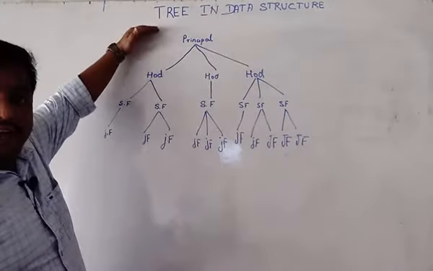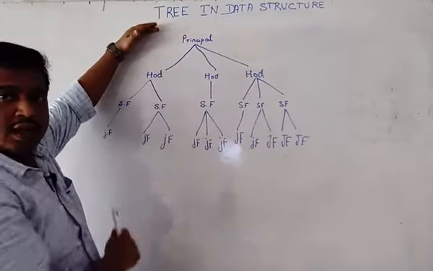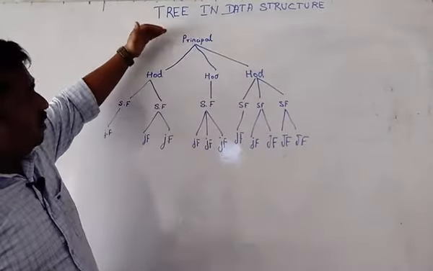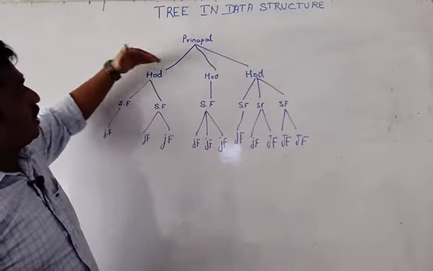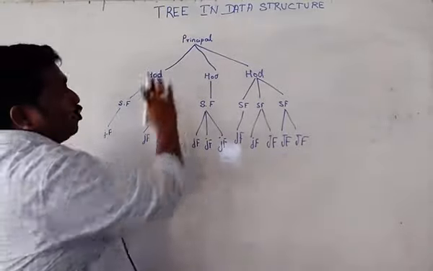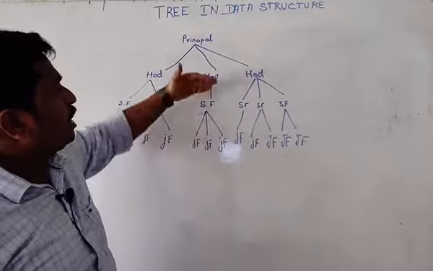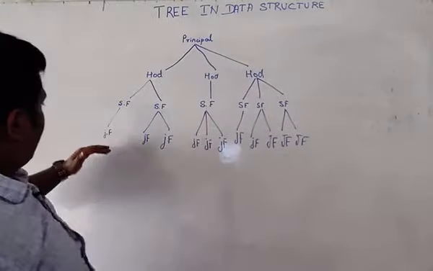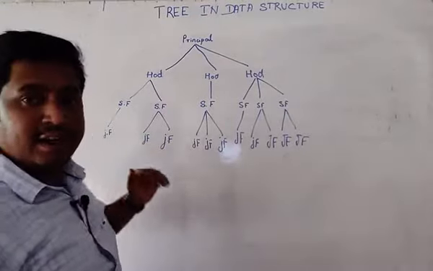See, this is a hierarchical representation of a college. Again many more levels will come, but I am showing simply 4 levels. Here the principal will be the main. Again 3 HODs will be reporting to the principal. Senior faculties will be reporting to the HODs and junior faculties will be reporting to the senior faculty.